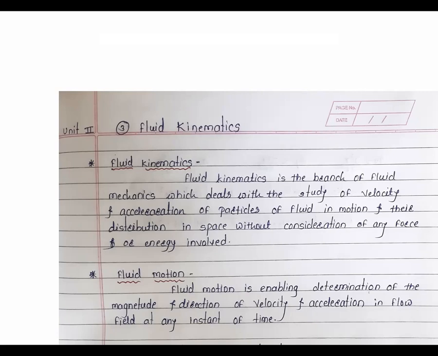The continuity equation is very important to understand. Then, what is the stream function, what is the potential function, what is a flow net and its use, and numerical problems also. This will be interesting because it is complex to understand.